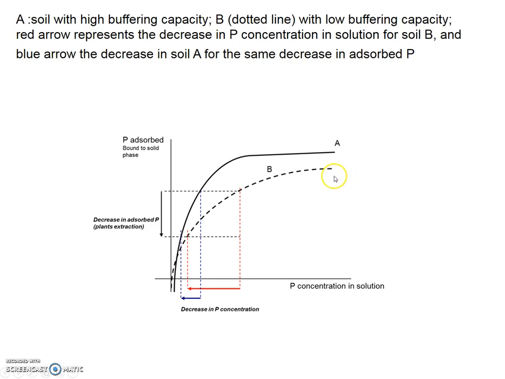As we can see, in the soil with a low buffering capacity, soil B, for a given amount of phosphorus absorbed by the plant, we have a huge reduction in the P concentration of the soil solution. The opposite occurs for the high buffering capacity soil, where the same decrease in total absorbed phosphorus is associated with a small decrease in the phosphorus concentration.